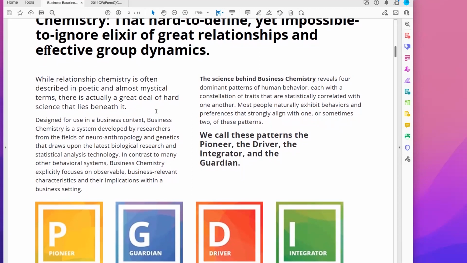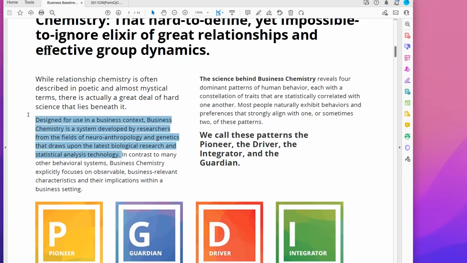Designed for use in a business context, so right there, that moves it off the grid. Business chemistry is a system developed by researchers from the fields of neuroanthropology and genetics that draws upon the latest biological research and statistical analysis technology.